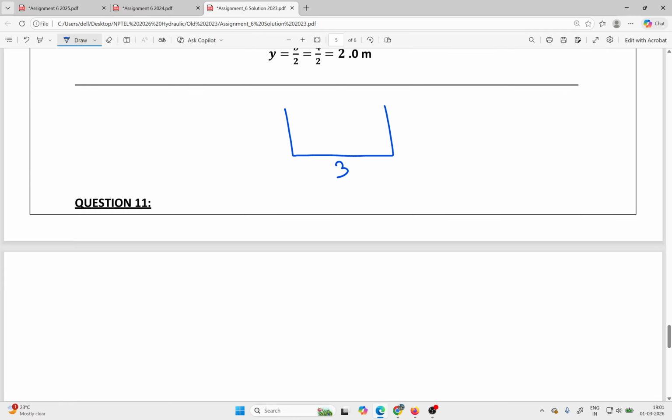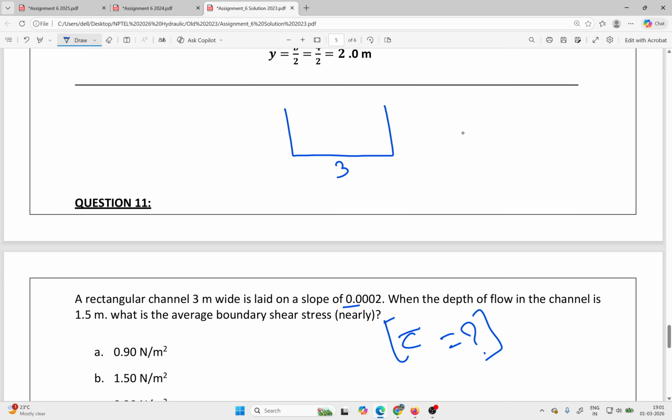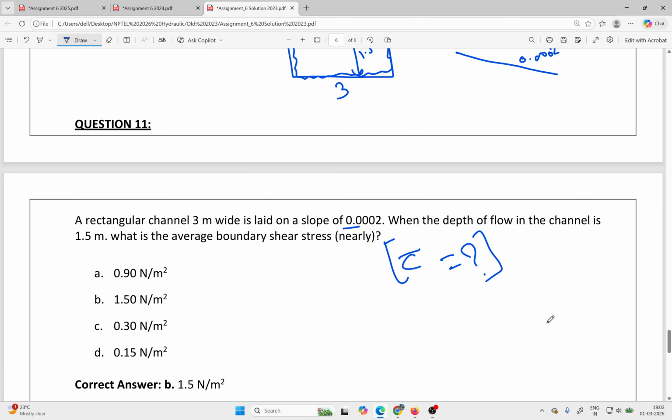Here you have the 3 meter width, and the slope of the channel is 0.0002, and when the flow depth in the channel is 1.5, so this is 1.5 meter. Then what is the average boundary shear stress? These are the boundaries. So what will be the average shear stress? So gamma R S will apply.